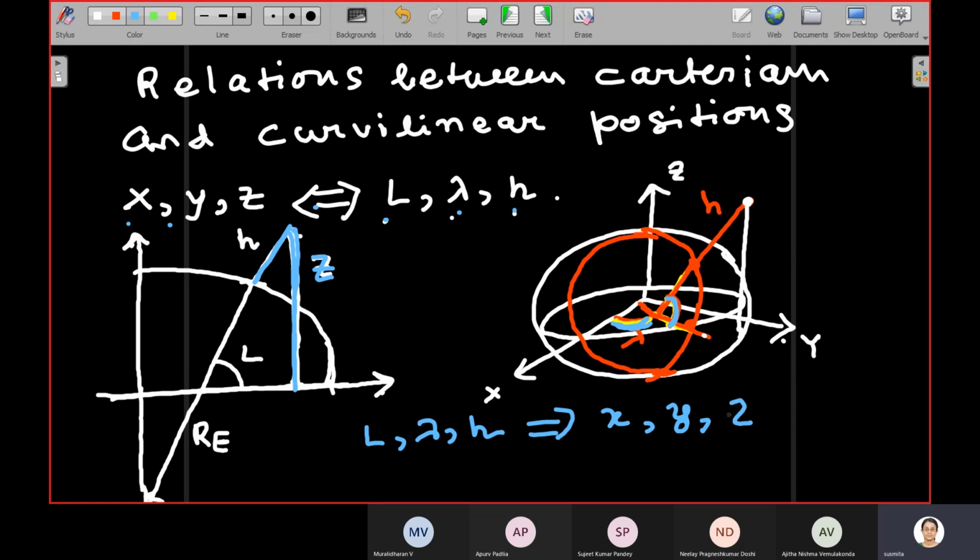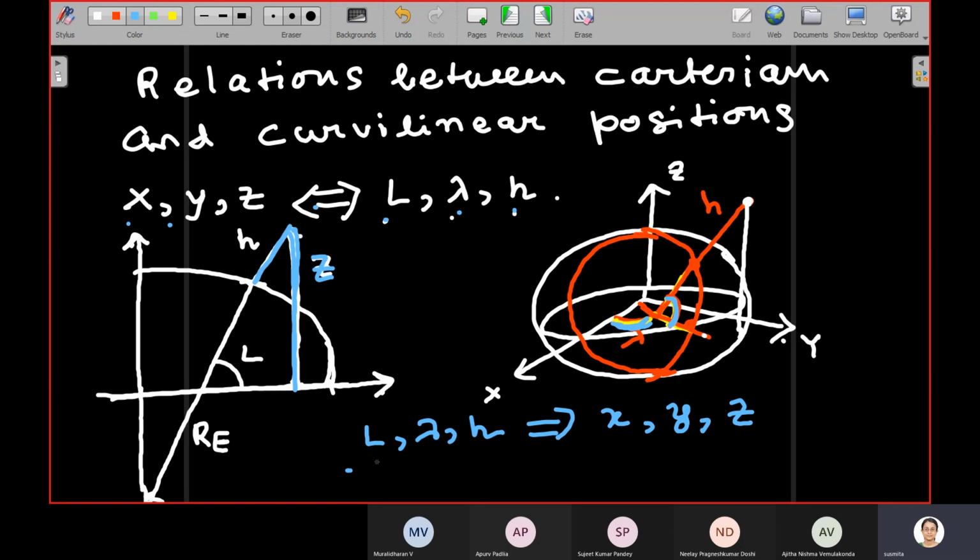You have to use simple geometry to find the Cartesian position from the curvilinear coordinates. So this is another homework problem. We basically have 3 from last week and 2 from this week, so a total of 5 homework problems. You need to tell me how to solve them next Friday in the tutorial class.